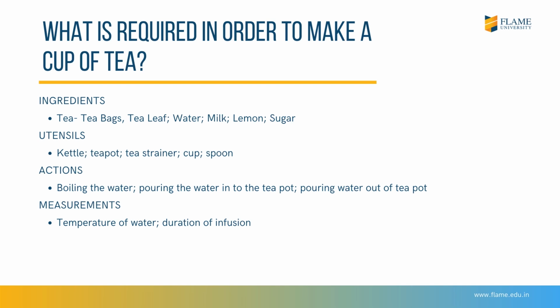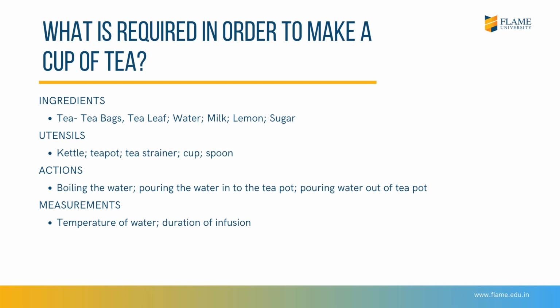You will need an ingredient. You would need utensils. There would be certain actions involved, and certain measurements involved. Each of these, ingredients, utensils, actions and measurements, would become the starting concepts.